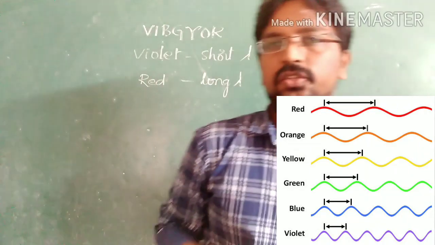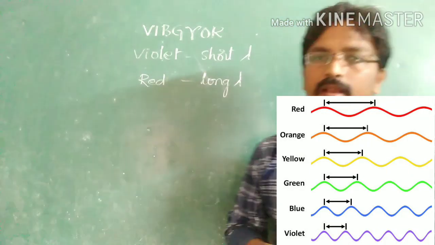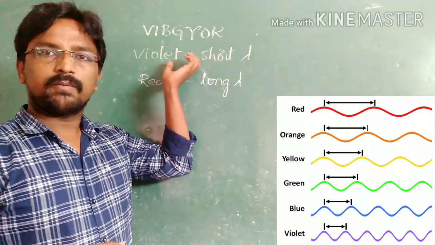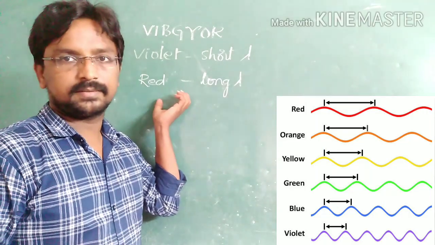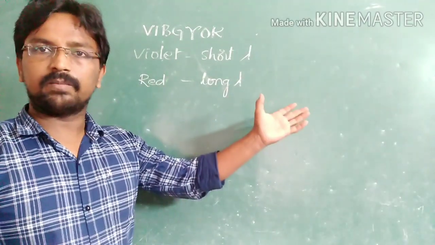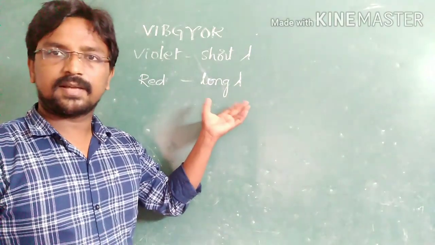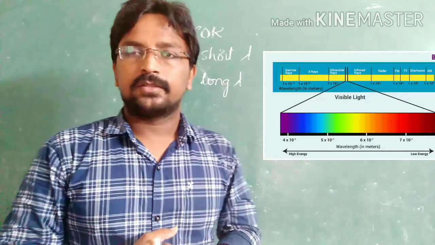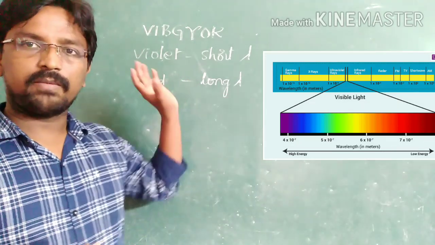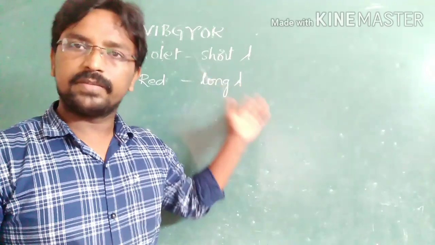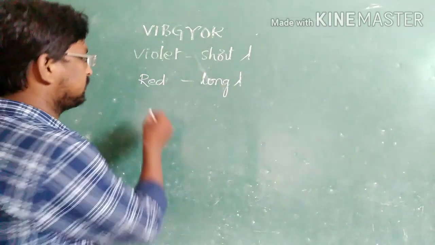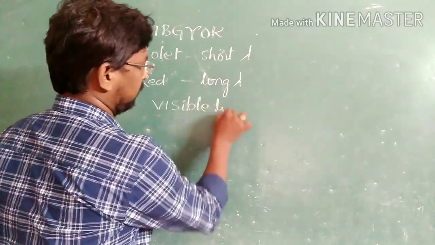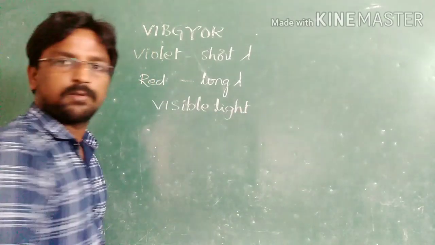The remaining colors are present between violet and red, right? Moreover, all the 7 colors are visible to the human naked eye. So that's why this light is said to be visible light.